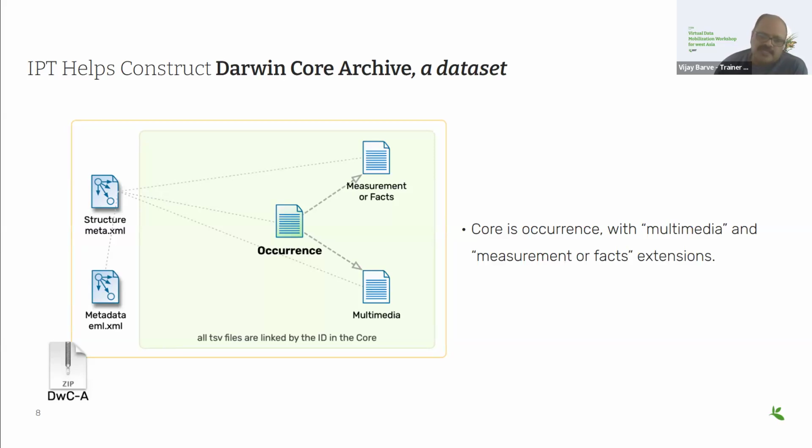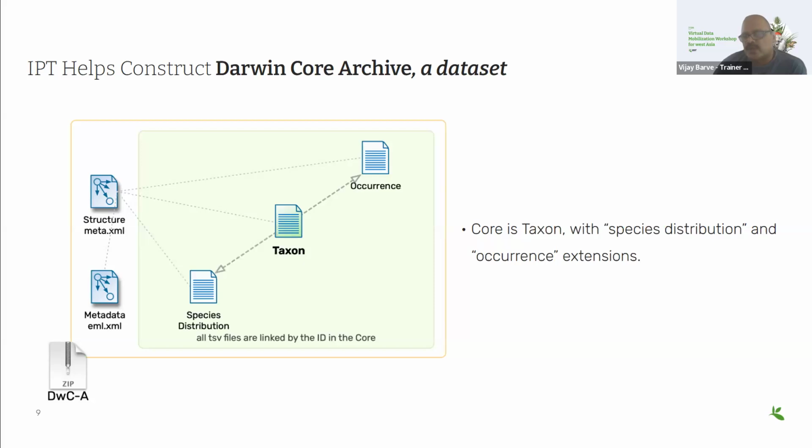Like I just mentioned, there could be a measurement or fact. So if you have measured your specimen or your observations in some way, you can add that, or you can have multimedia extension where you can attach sound recordings or videos or photographs to those particular occurrences.